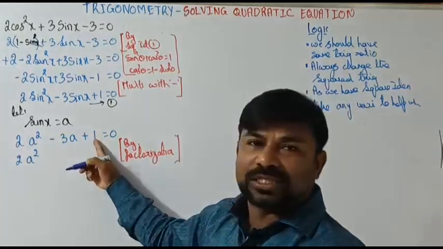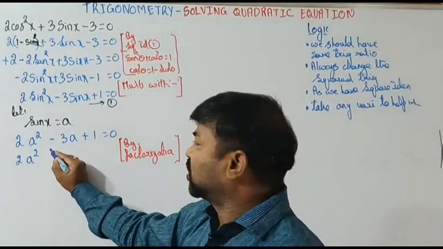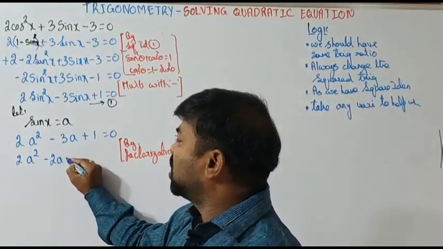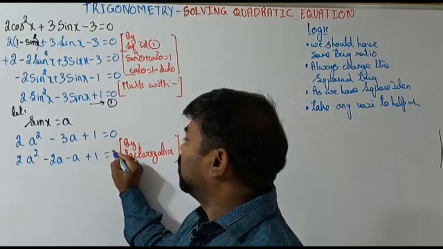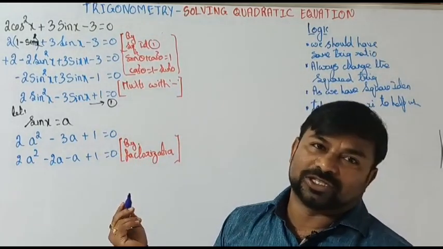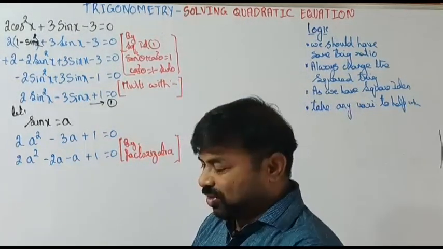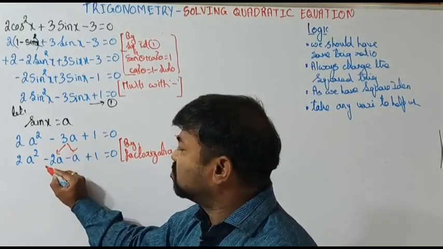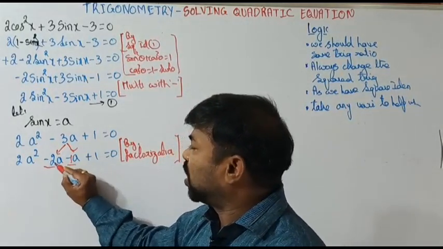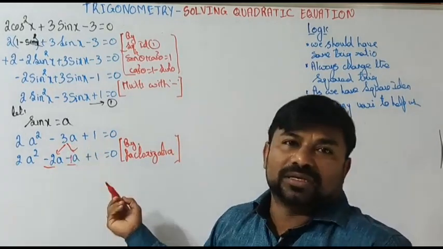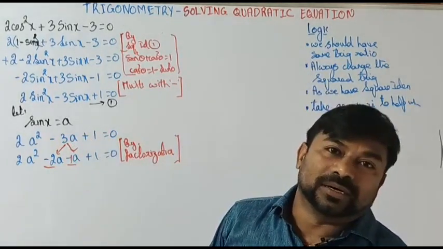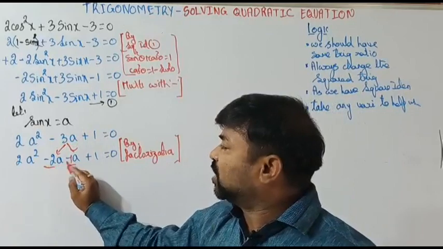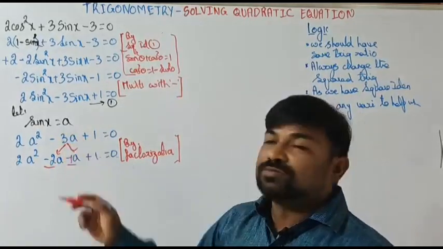Can I write 2a minus a plus 1 is equal to 0? Just factorization, nothing else. Minus 3a, I am writing as minus 2a and minus 1a. Minus 2 minus 1 is minus 3. So I am splitting the middle term: minus 3 is nothing but minus 2 minus 1, altogether minus 3.